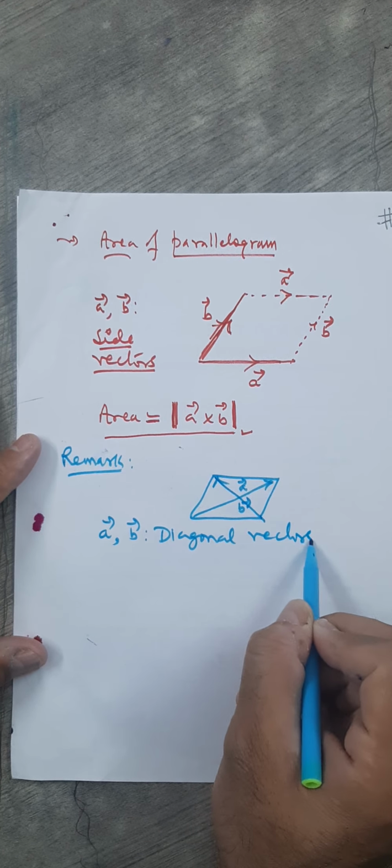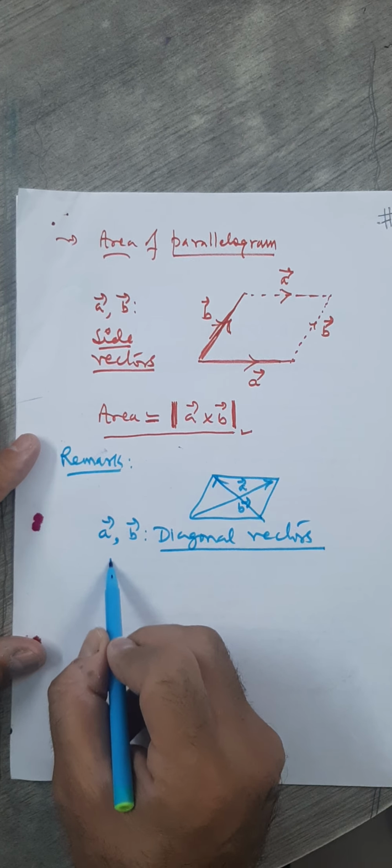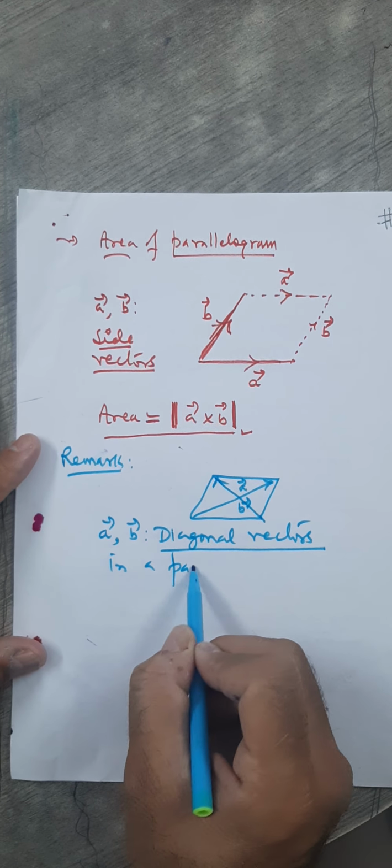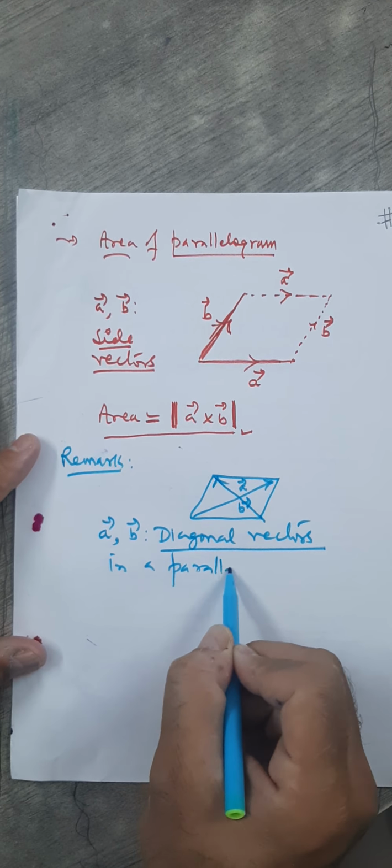If you are given diagonal vectors in a parallelogram, then area equals half the magnitude of the cross product of two diagonals.